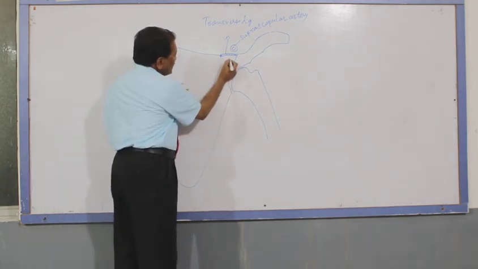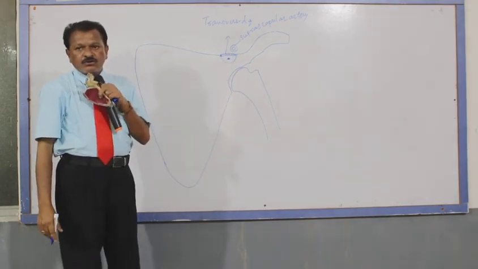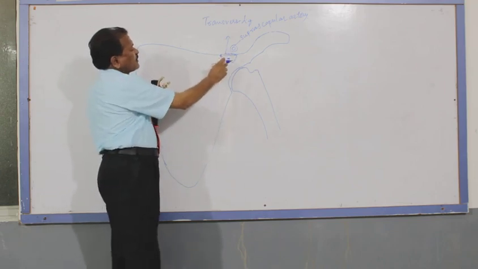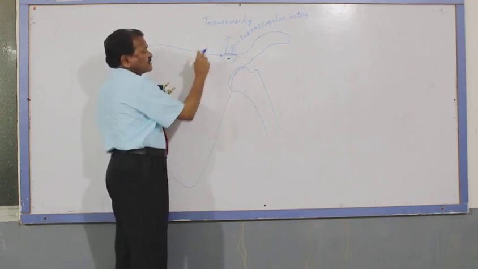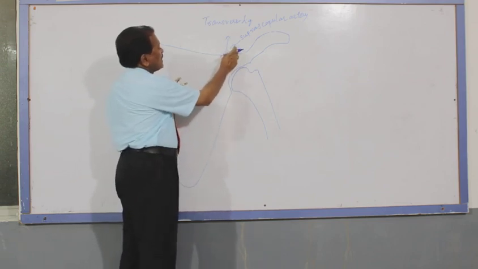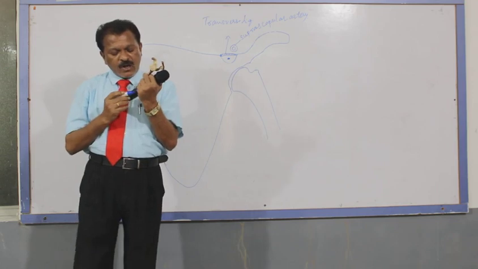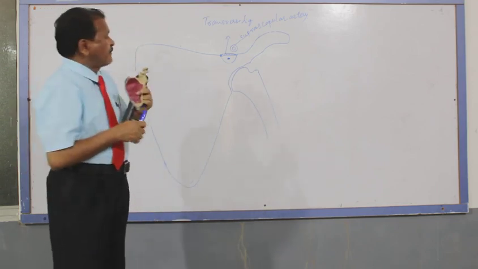At this region there is a nerve, and that is called the suprascapular nerve. The suprascapular nerve is present inferior to the transverse ligament of the scapula, and superior to the transverse ligament there is the suprascapular artery. You have to remember this point. It is very important.